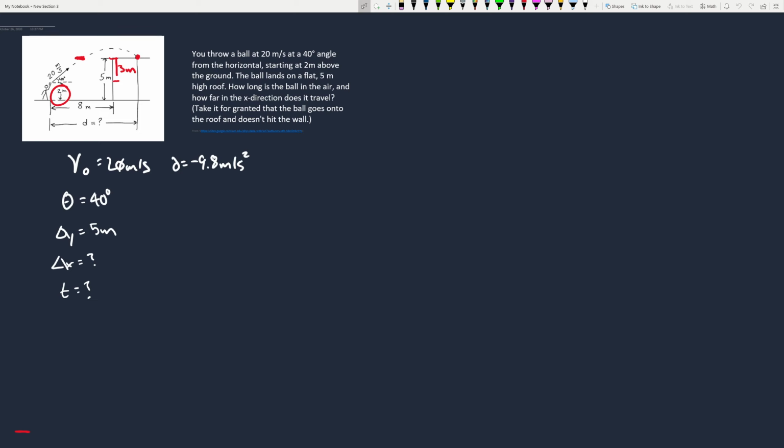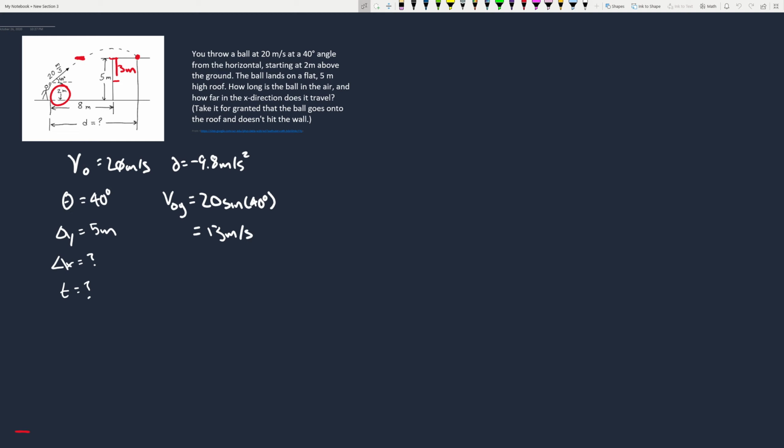And so we can start that by utilizing our y components. So we want to take the initial velocity of y, the y component. And so the way we get that is just 20 times sine 40 degrees, which is going to come out to about 13 meters per second.